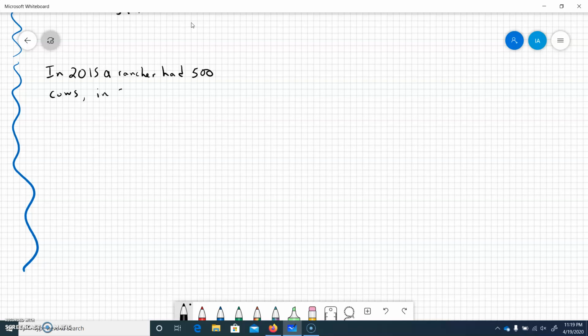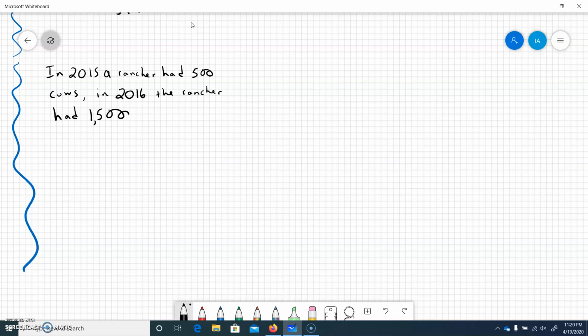In 2016, we'll make this easy, the rancher had, let's go ahead and make it pretty easy, 1,500 cows.